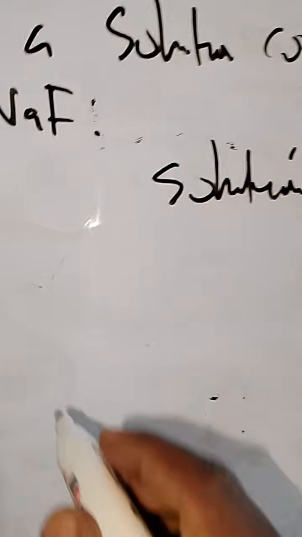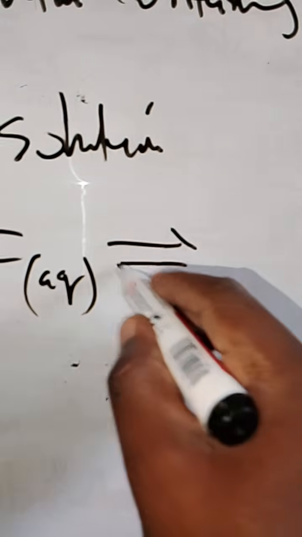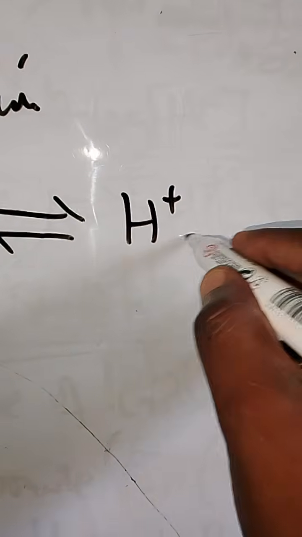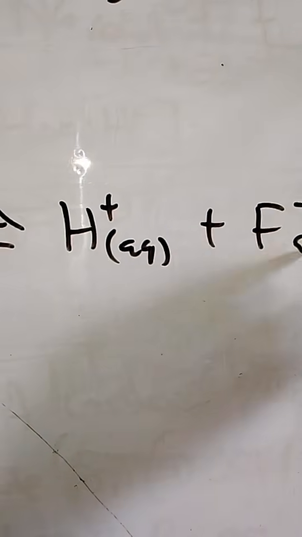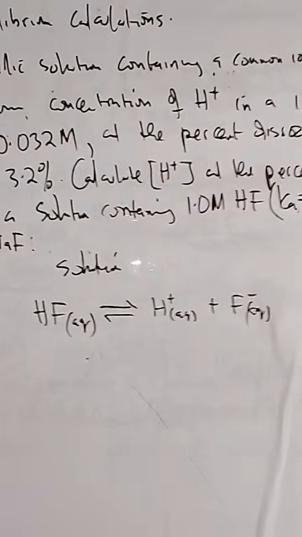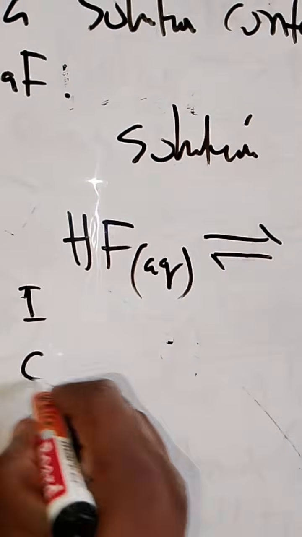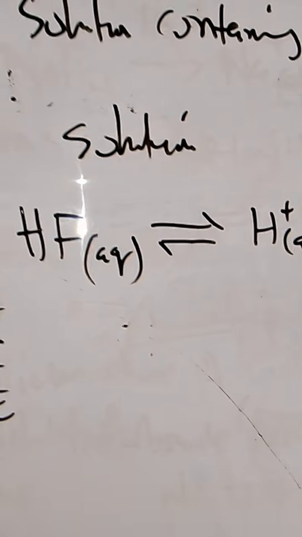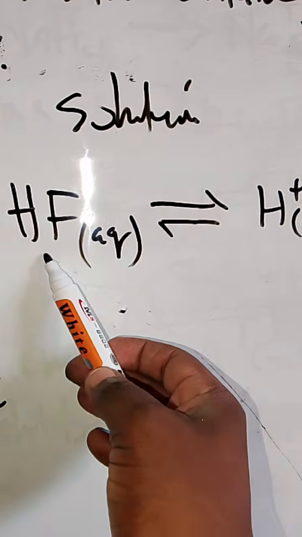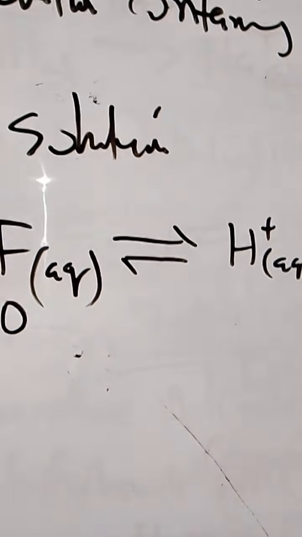Okay, so we are going to use the ICE table. We write the equation: hydrofluoric acid forms hydrogen ion plus fluoride ion. Okay, so we write ICE. The initial concentration of the acid is 1.0 molar.